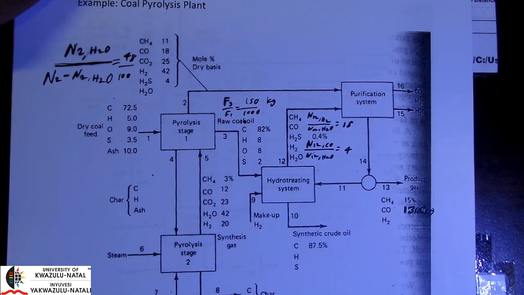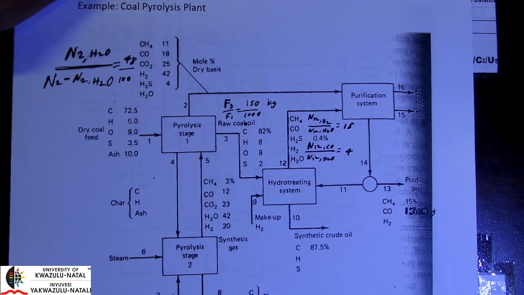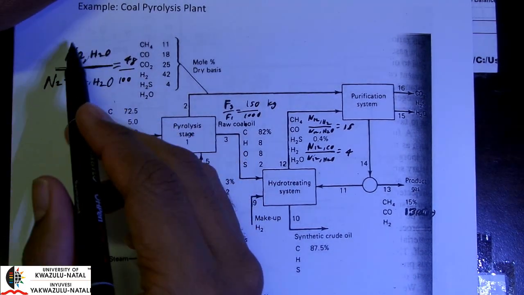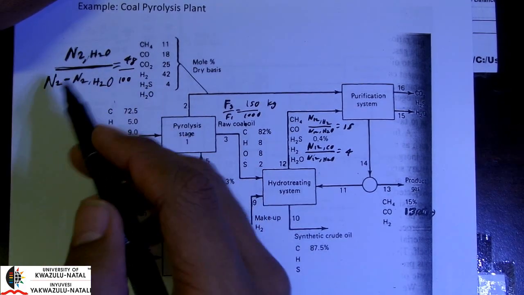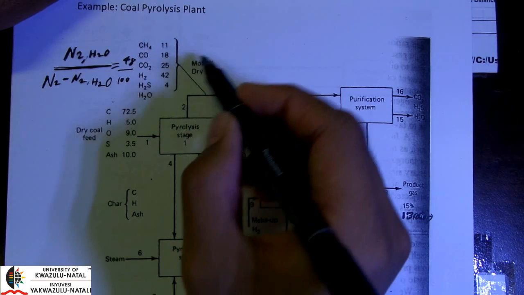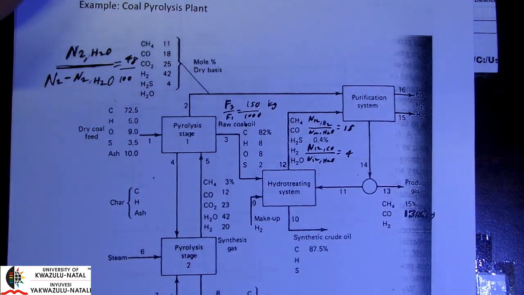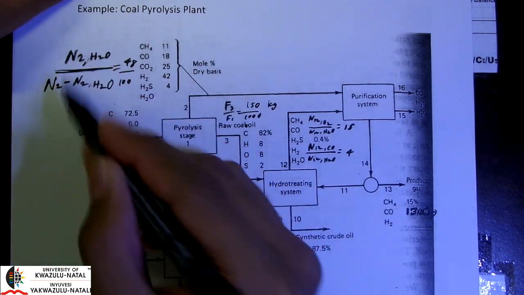And the gas is found to contain 48 moles of H2O per 100 moles of water-free gas. So we have the following: 48 moles of H2O per 100 moles of water-free gas. Okay, so that's a subsidiary relation. A bit tricky to interpret, but we've done it here.